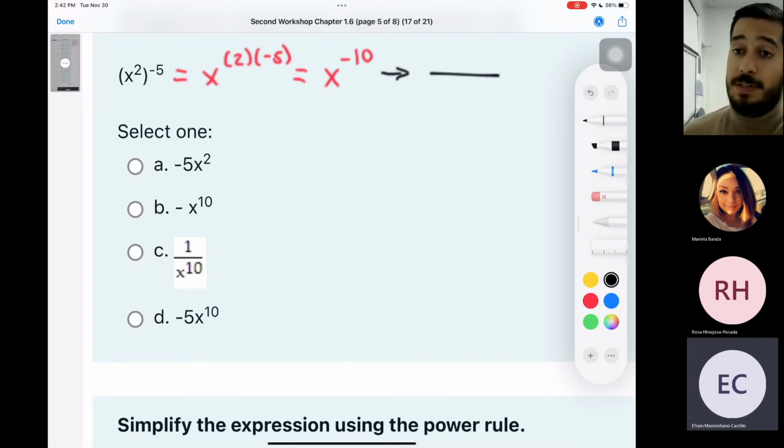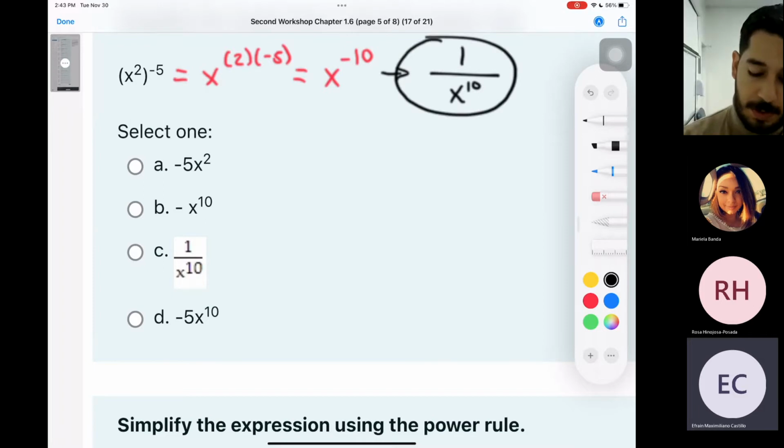Convert it into a fraction. If it's on the top or by itself, then you send it to the bottom of a fraction. It becomes positive. This is the previous rule, the negative exponent rule. Most of the time when you multiply two exponents, if one of them has a negative sign, then you're going to end up with a negative exponent. You have to get the reciprocal. If it's in the bottom, you send it to the top. If it's in the top, you send it to the bottom. So 1 over x to the power of 10.